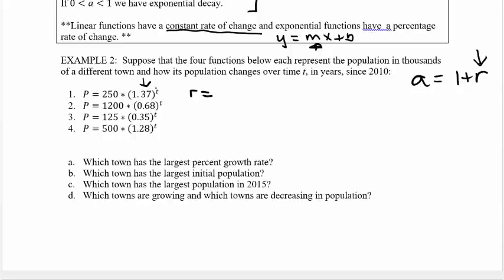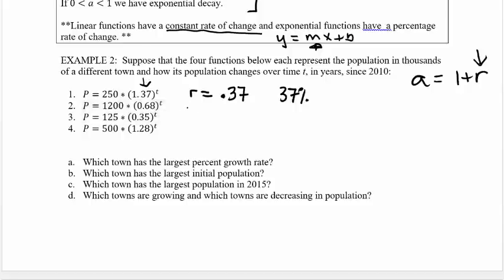Here, if I subtract 1 from 1.37, I get my rate here is 0.37. If I wanted to write that as a percentage, I could write it as 37%. But for now, I'm going to leave it as a decimal. For the second one, I have 0.68. Notice that this is less than 1.